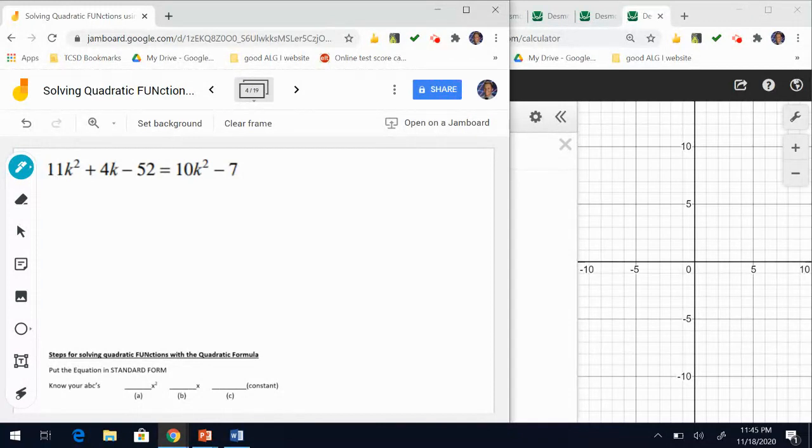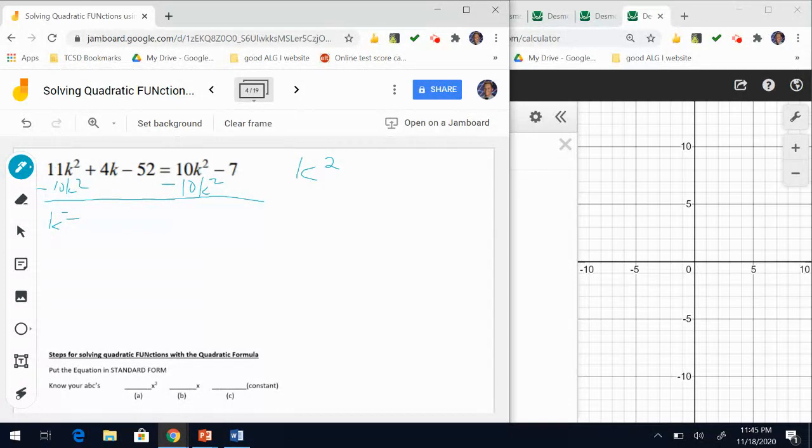So I'm going to keep my k squared as positive. So I'm going to subtract 10k squared from this side, and subtract 10k squared from the left, because whatever I do to the right, I do to the left. So now I'm going to get k squared, because 11 minus 10 gets me 1k squared, right?